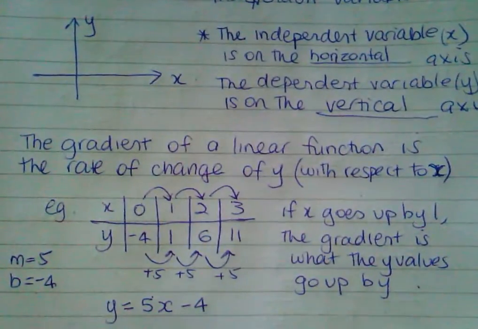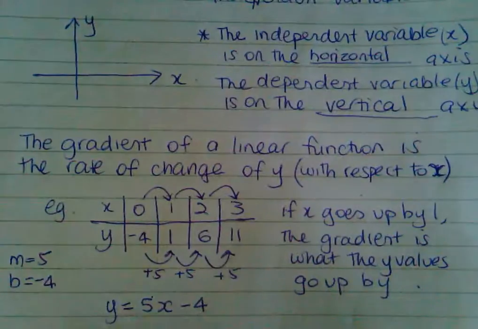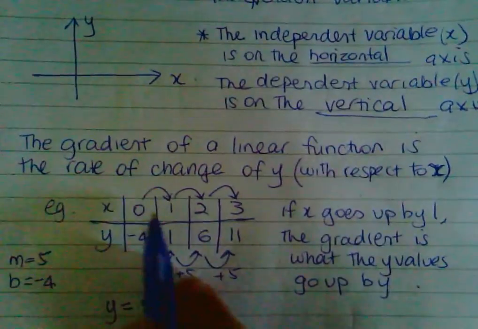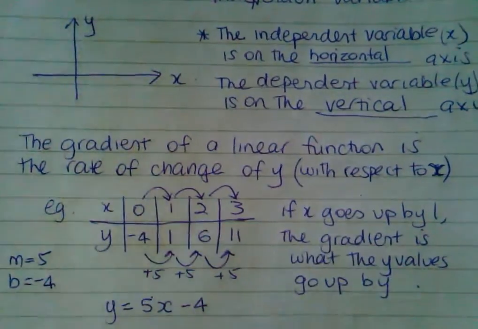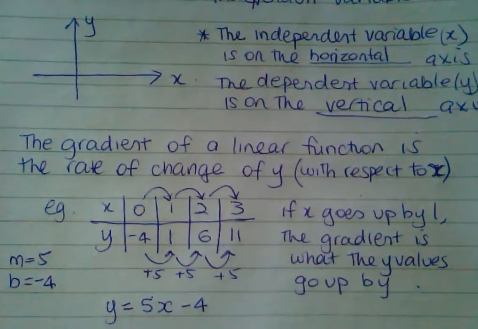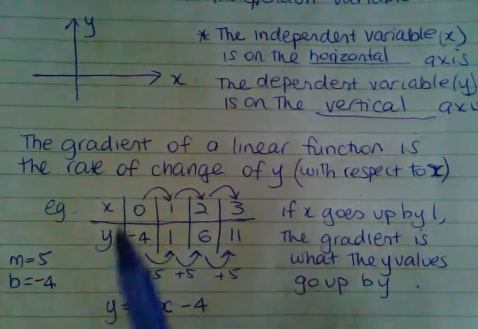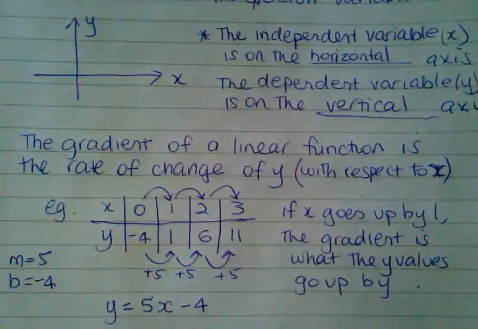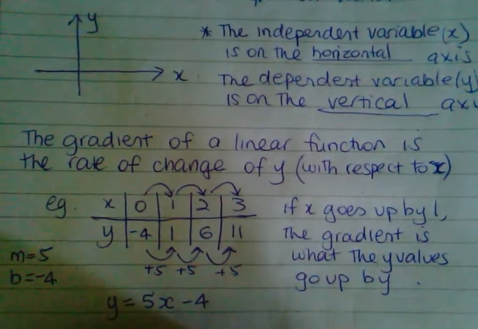Remember, it's y equals mx plus b. The m here is 5. I check. If the x's go up by 1, and they do, then the gradient is what the y's go up and or down by. And they go up by 5. And if I've got x is 0, I can read off the y-intercept. Okay?